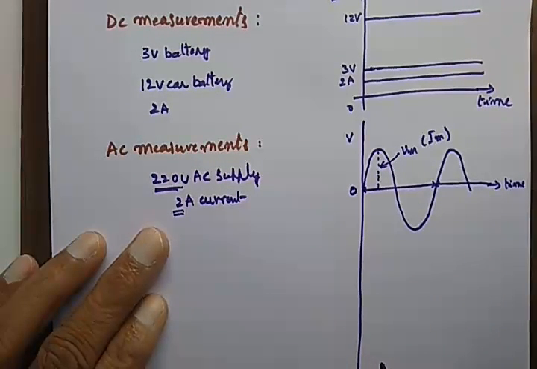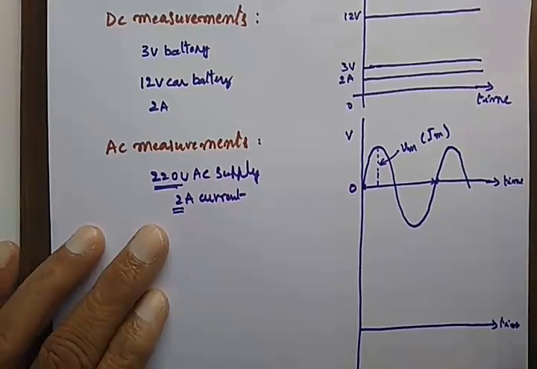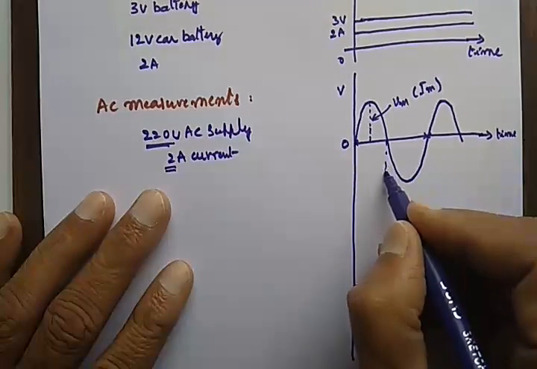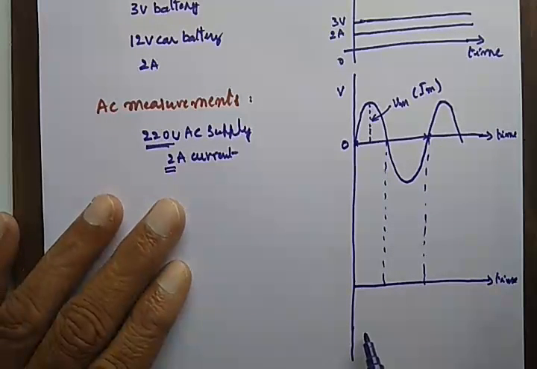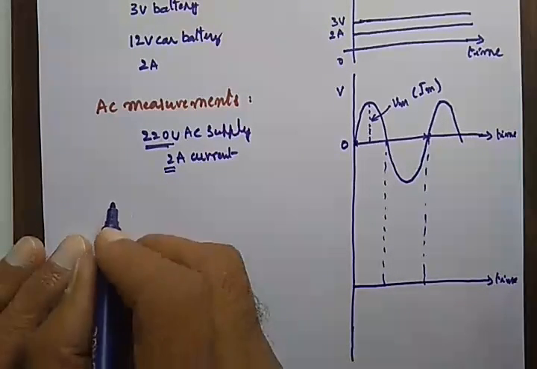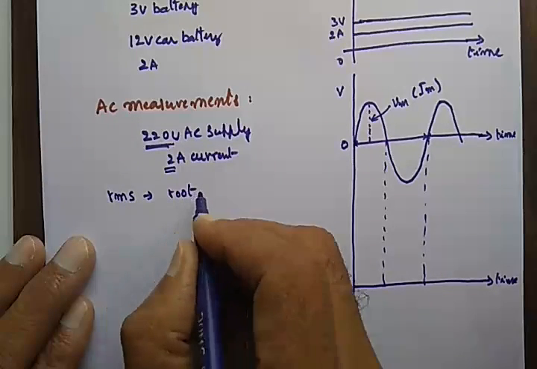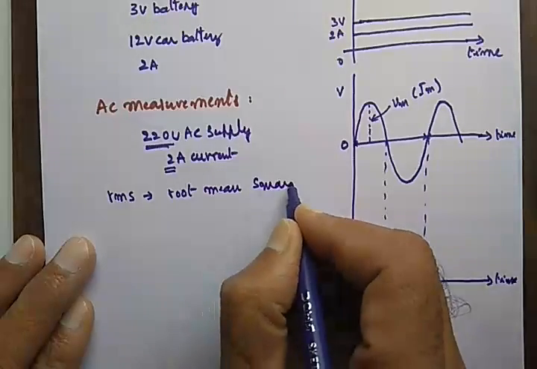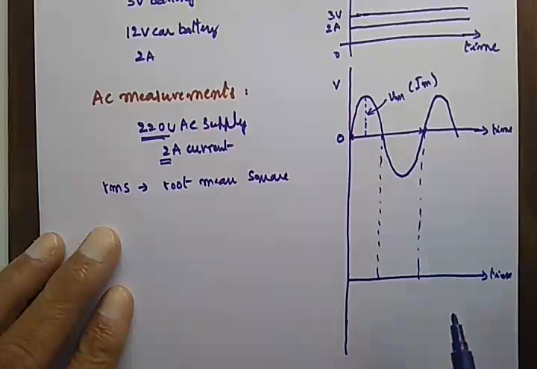So for that purpose, let us take here again the time axis. I will mark these points. I said RMS means root mean square value. So first we will square this value.